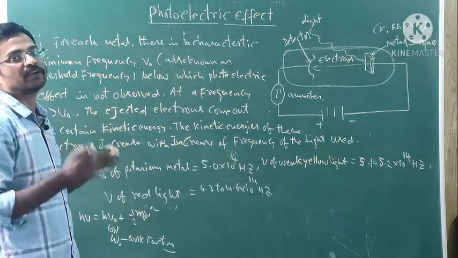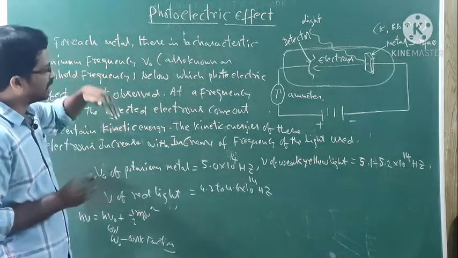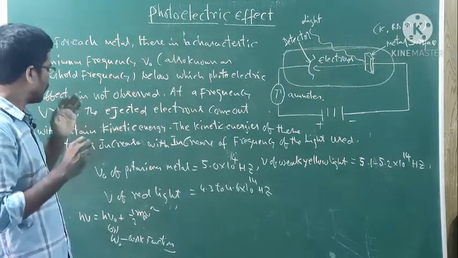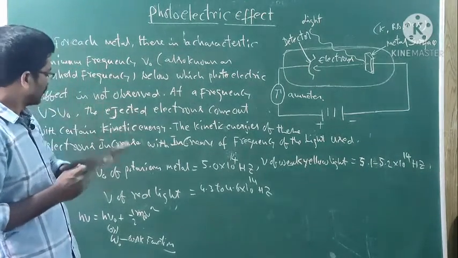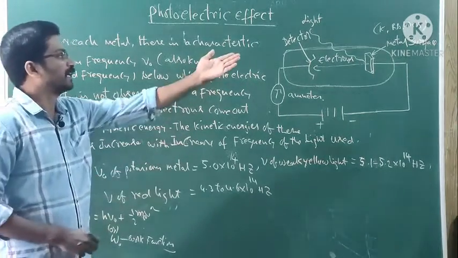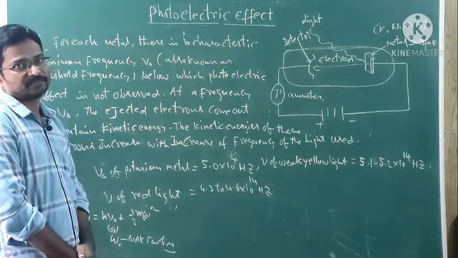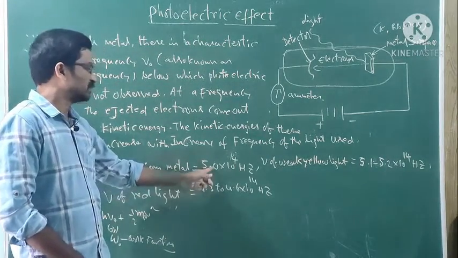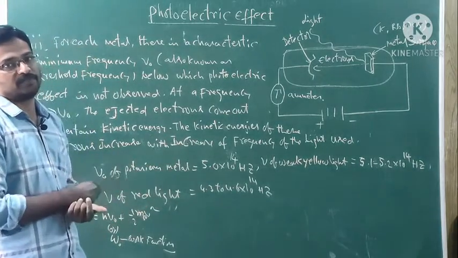For ejection of electrons to take place, the light frequency should be greater than the threshold frequency of the metal you are taking for the photoelectric effect. If the frequency of the light is less than this, the photoelectric effect is not possible.